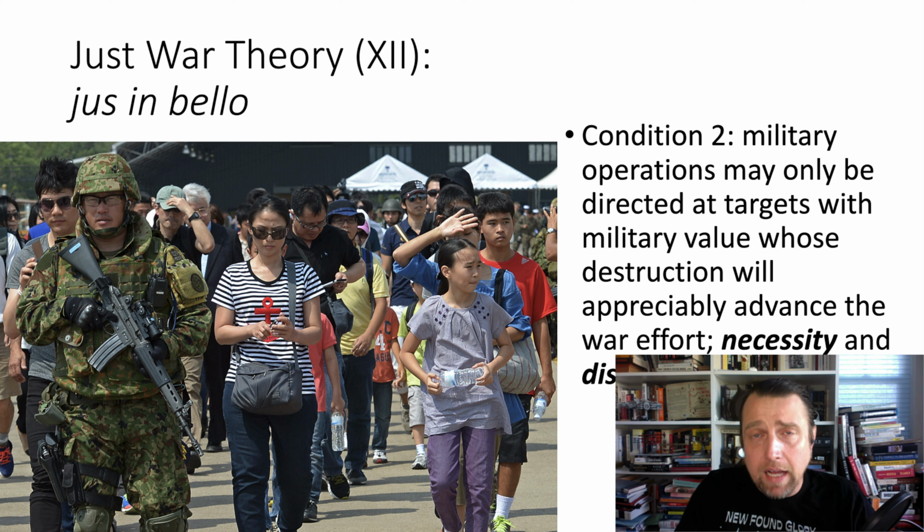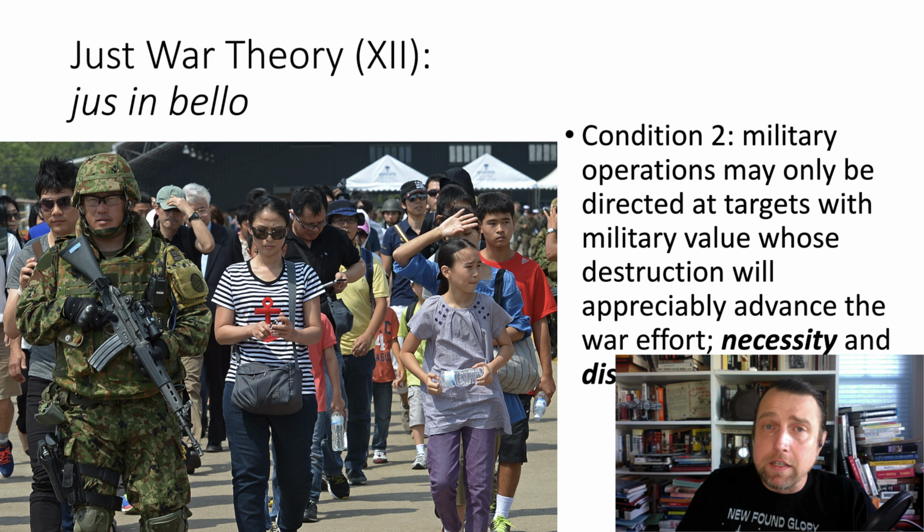Now, the violence of war can be justly directed only at targets whose destruction is necessary to bring about the war's end and set the stage for a just peace. This means, for instance, that industries necessary for the war effort, like munitions factories, for example, may be specifically targeted. But civilian industries that only incidentally benefit the war effort, but are primarily civilian in nature, things like electrical grids, agricultural fields, these are off limits.